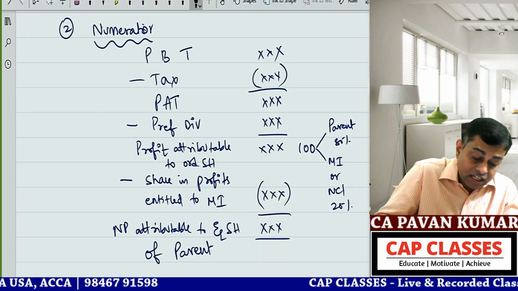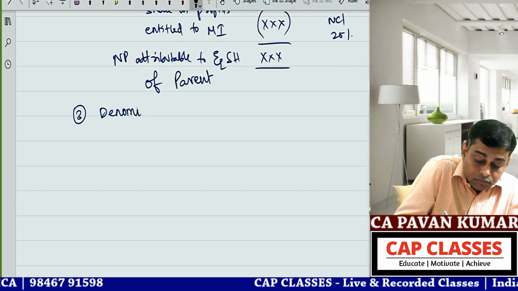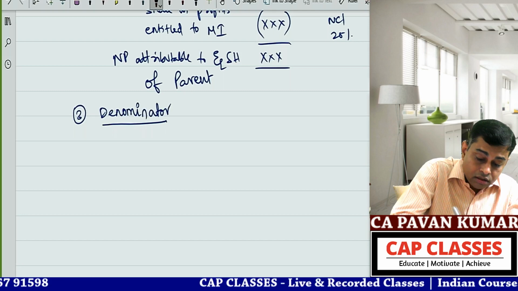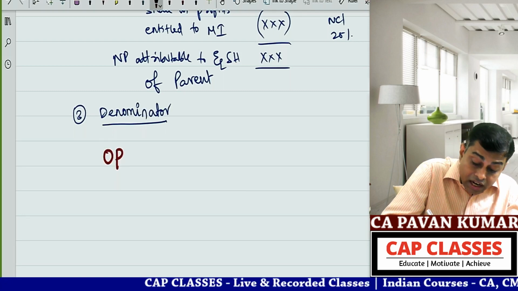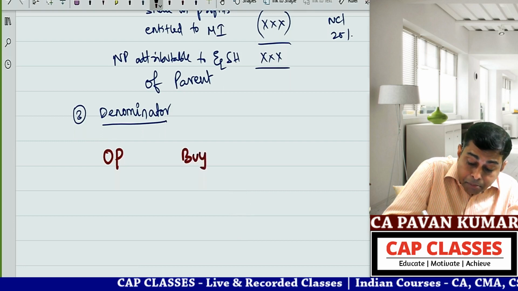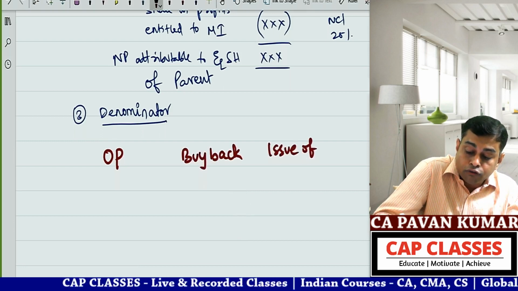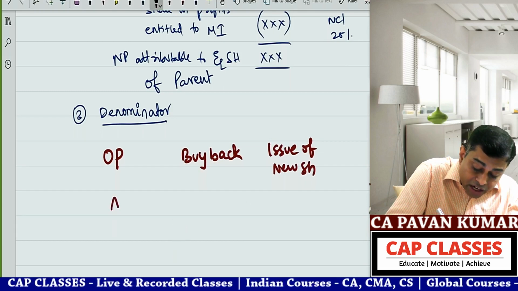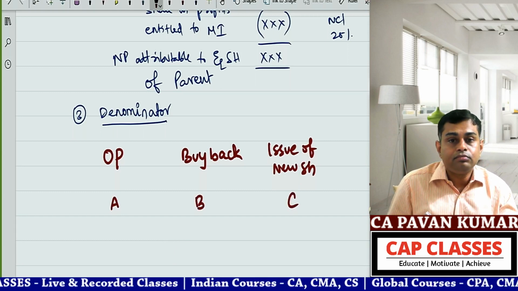So denominator, what they are saying? Third point is denominator. Take opening shares, and then there can be buyback of shares, and then there can be issue of new shares. So take this component A, component B, component C.